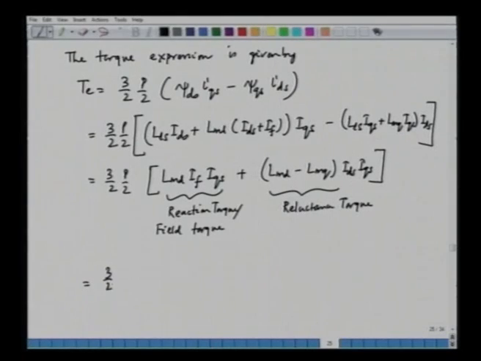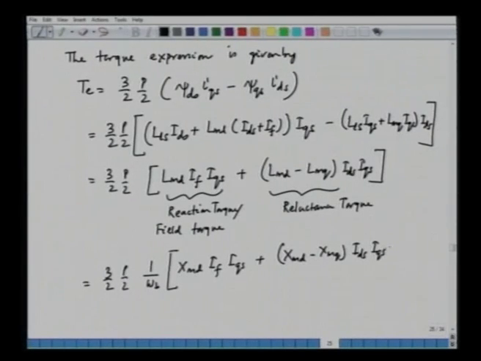So, we can also express that as 3 by 2 P by 2 1 by omega b into XMD IF into IQS plus XMD minus XMQ into IDS into IQS. So, this is the expression for the torque in terms of the reactance, and this is the steady state torque.